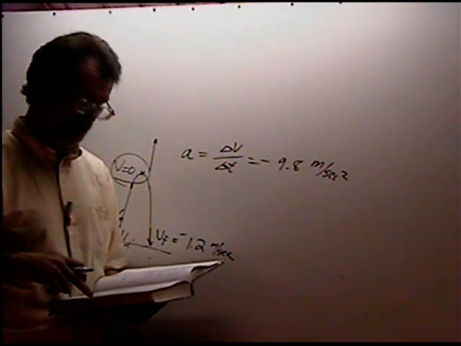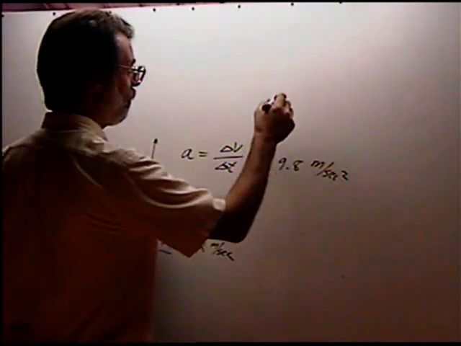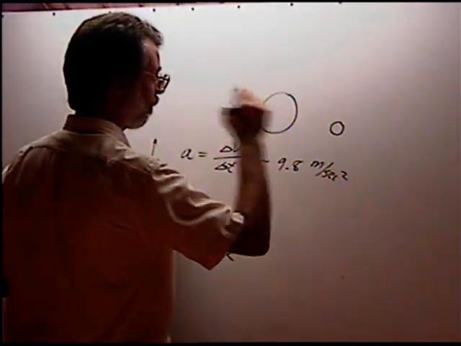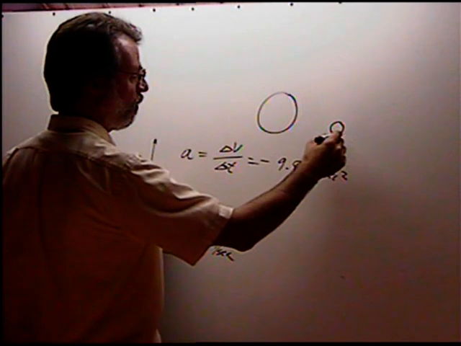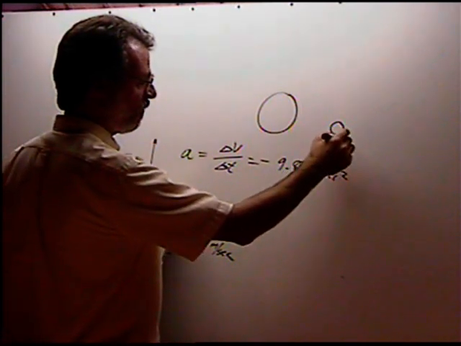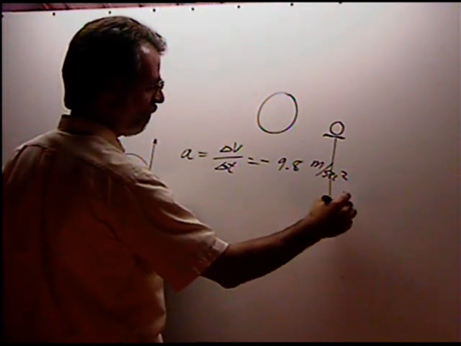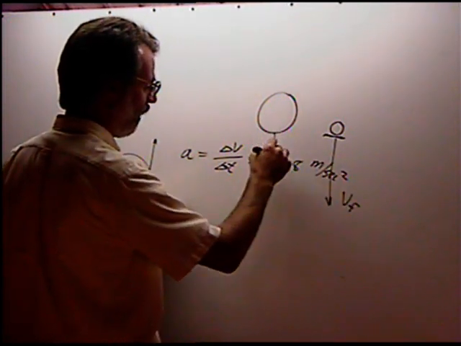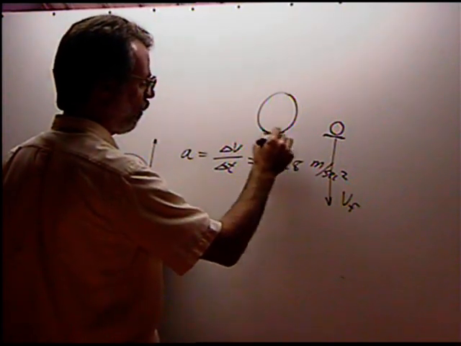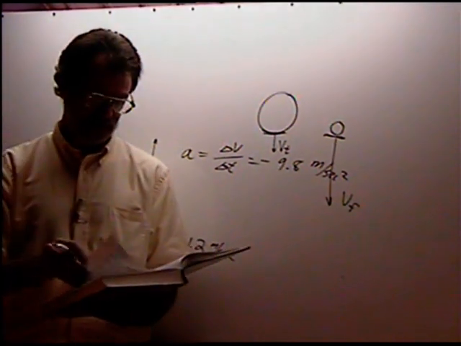Which ball has the highest terminal velocity? Okay. Because the terminal velocity is dependent on the shape, the smaller the shape, the less wind resistance there is. It's really related to the surface area. So this one will have a higher terminal velocity. This one will have a lower terminal velocity because it offers more air resistance. So hopefully that's pretty clear.